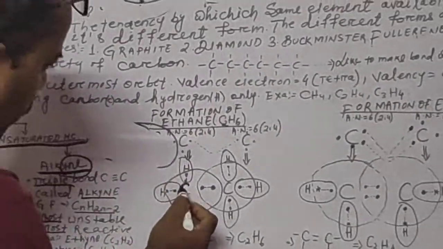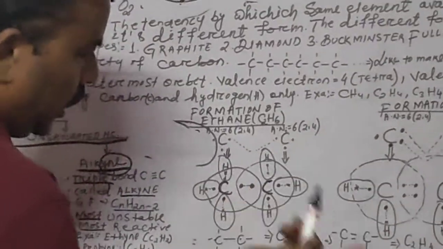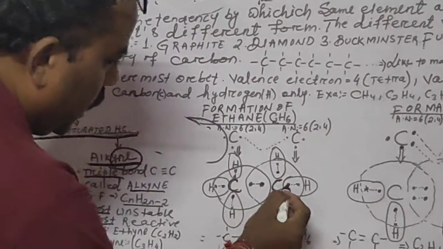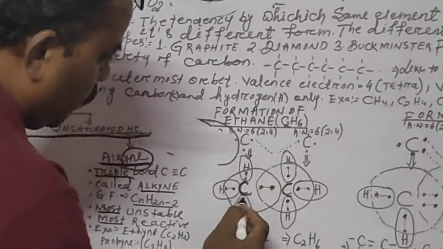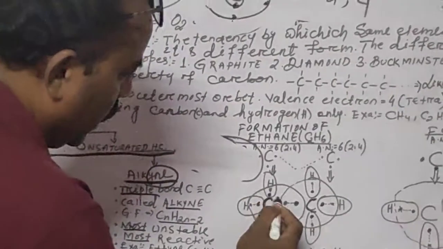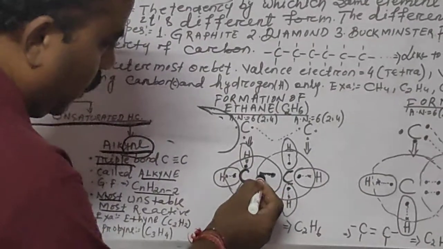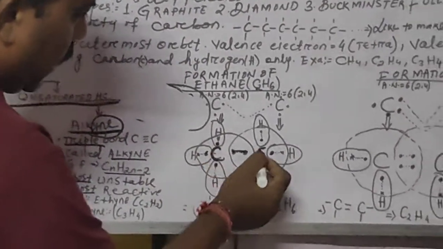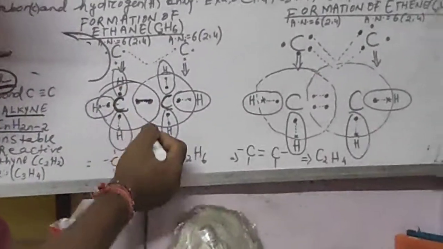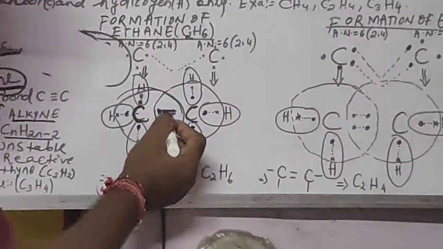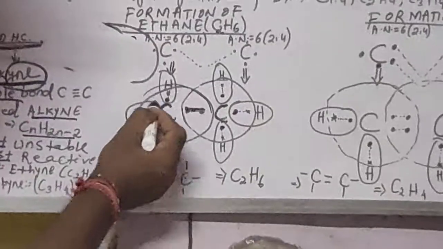So this is carbon and this is carbon. How many electrons does it have? 4 electrons, 1, 2, 3, 4. This carbon also has 4. Now this electron and this electron will make the bond, so this carbon and this carbon have a bond here, a common one. Now 3 are left on each carbon.